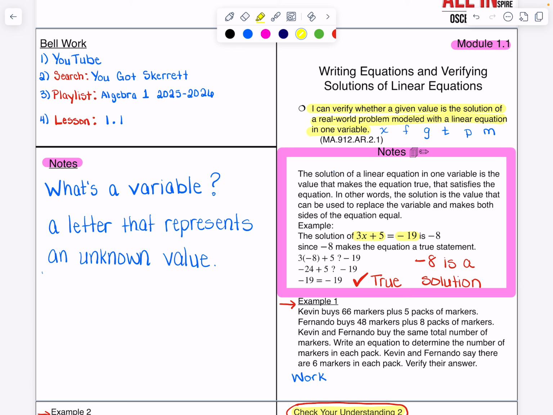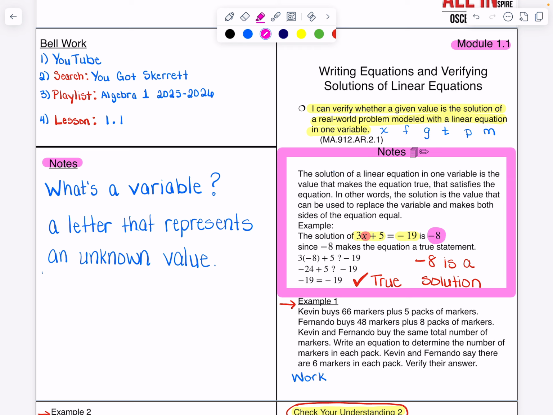3x plus 5 equals negative 19. So they're saying that 3x plus 5 on the left side should equal negative 19. Then they're saying the answer that makes that true is negative 8. So they take the negative 8 and replace it into the equation.